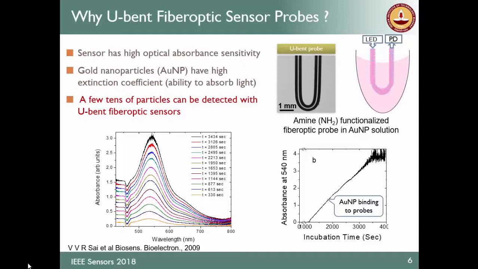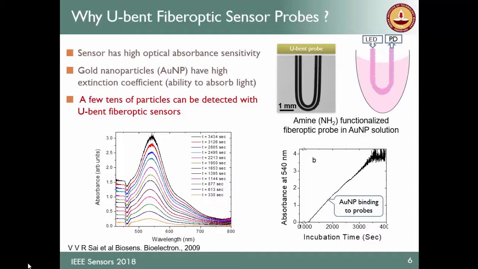When you functionalize it and dip it in gold nanoparticles, the particles keep binding and you get a monolayer. In this process you can achieve up to 4 or 5 orders of absorption. These are real-time traces of absorbance at 540 nanometers.